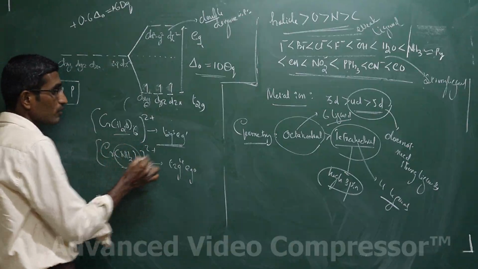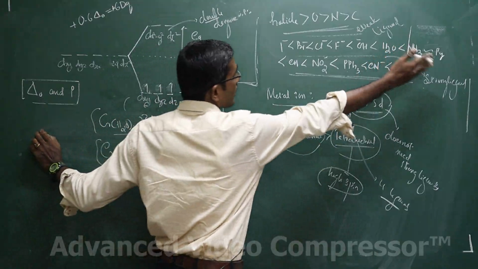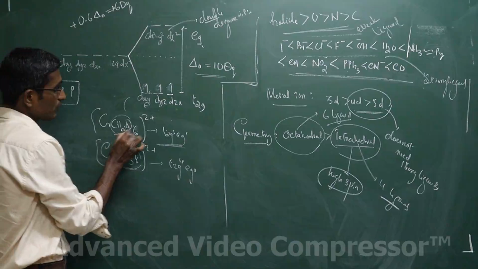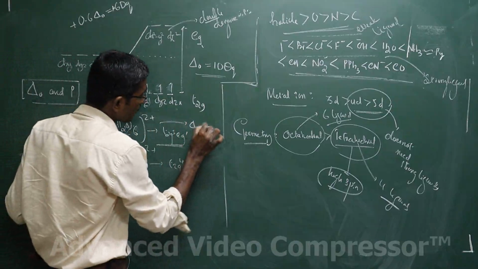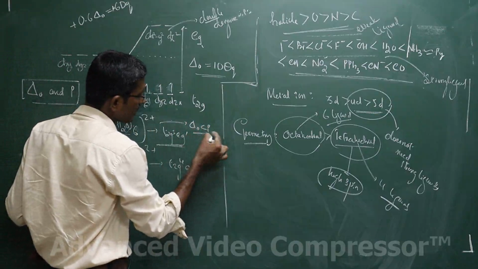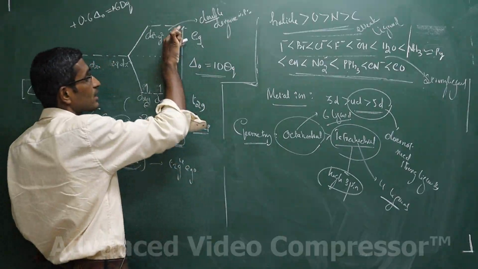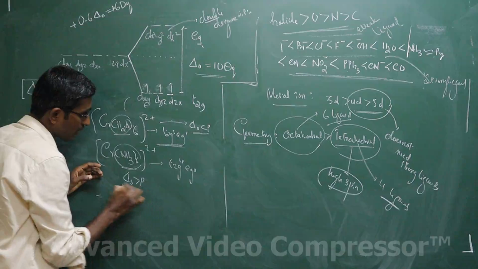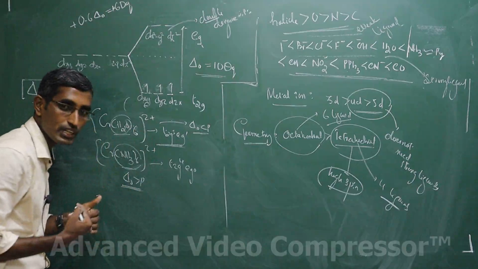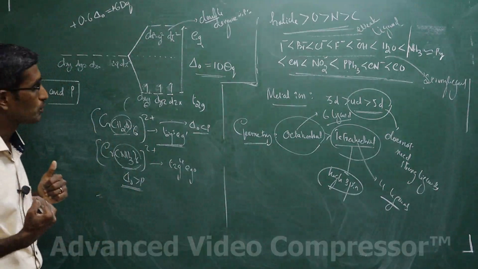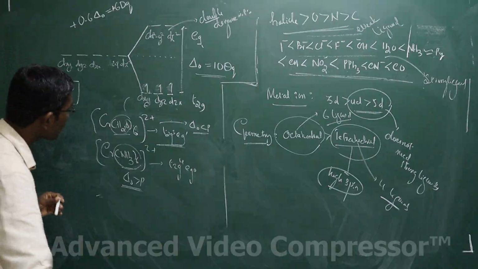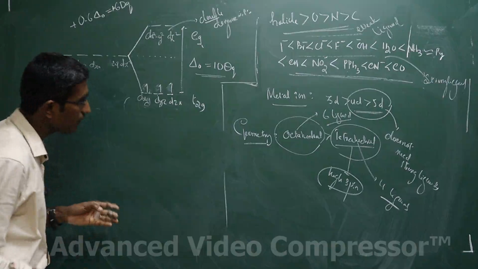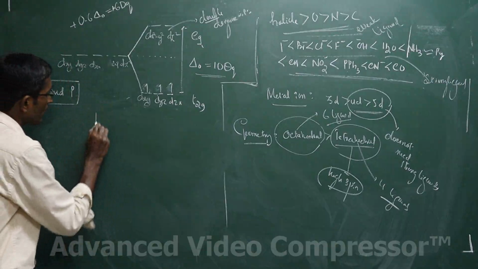This is a strong field ligand, and this is a weak field ligand. Since it is a weak field ligand, delta naught is less than pairing energy, so the electron will go to the higher energy level. Whereas in this case, delta naught is greater than pairing energy, so the electron will be positioned in the lower energy orbital. Very clear? So we will take a few more representative examples regarding the CFSE calculation, then we will switch over to the tetrahedral complex.